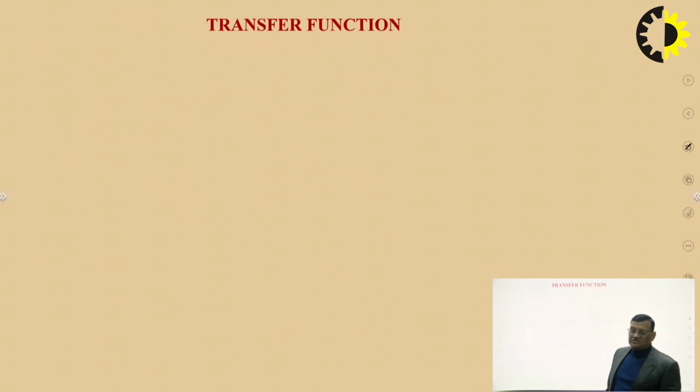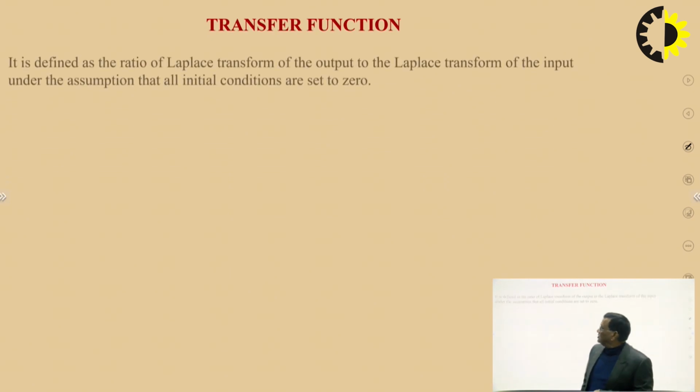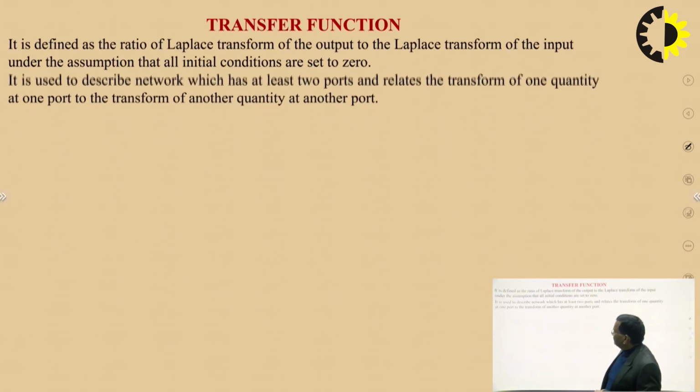Now come to the transfer function. So what is a transfer function? It is defined as the ratio of the Laplace transform of the output to the Laplace transform of the input under the assumption that all initial conditions are set to 0. So this is the definition.